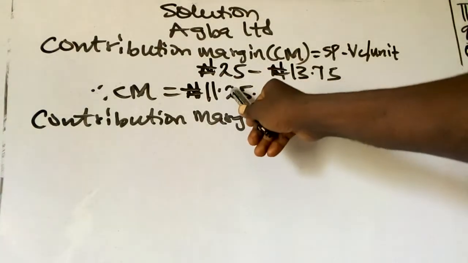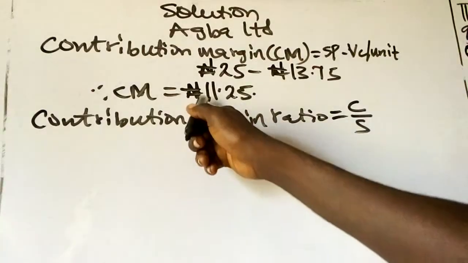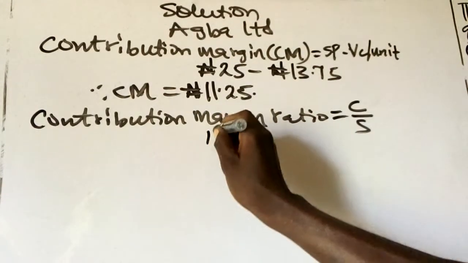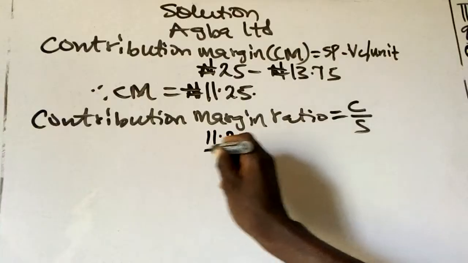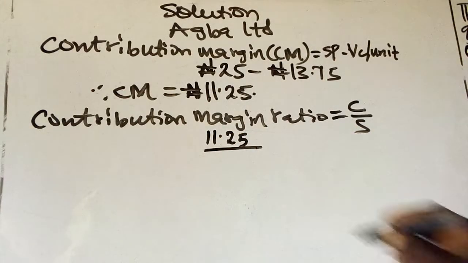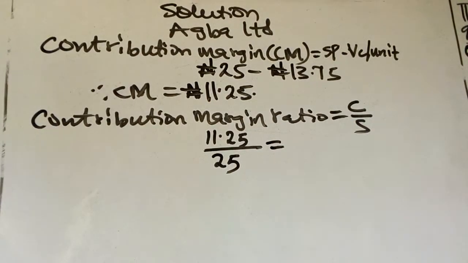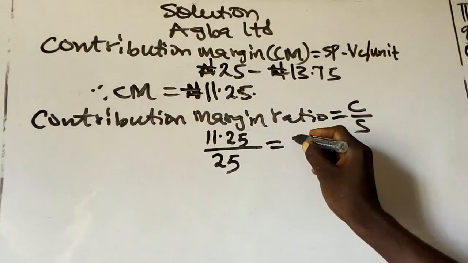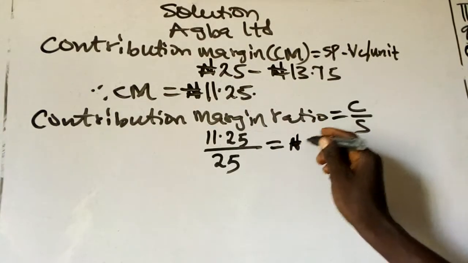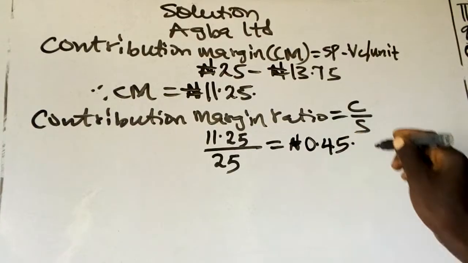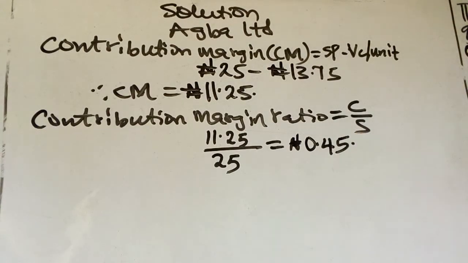Our contribution margin is 11.25, that is selling price minus unit variable cost. So we have 11.25 divided by the selling price, which is 25 naira. Therefore, the contribution margin ratio will be 11.25 divided by 25, and we have 0.45.